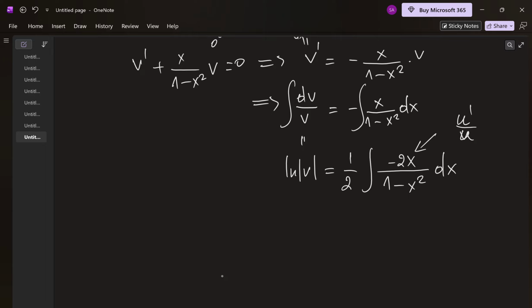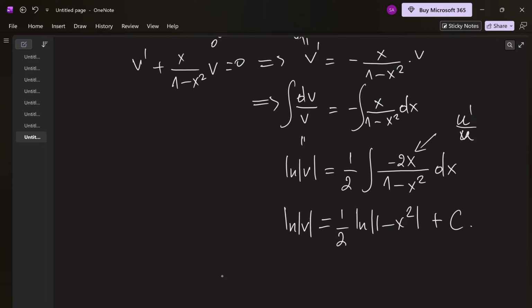The derivative of 1 minus x squared is minus 2x. So this is equal to ln of 1 minus x squared, and this is the solution, plus some constant c.